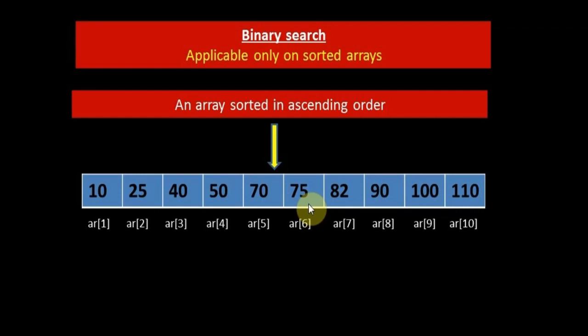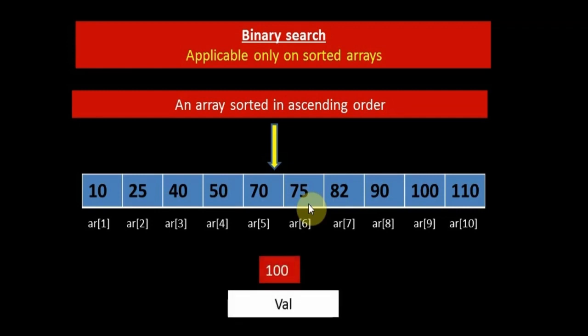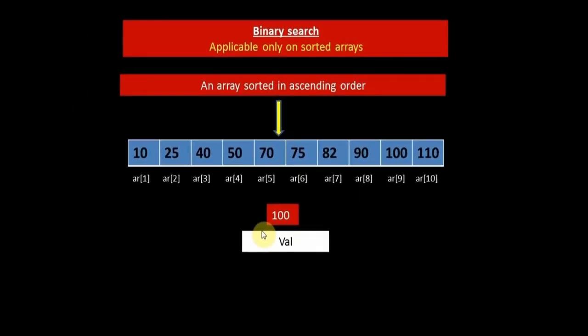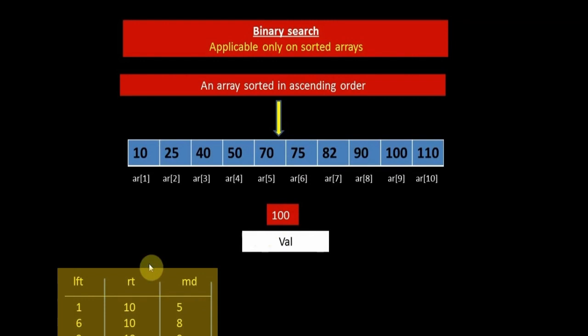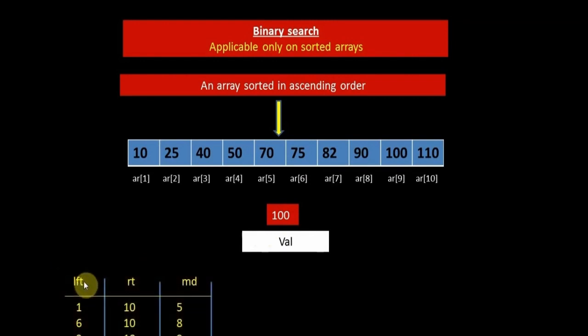Okay, so let's assume that I want to search an element with the value 100. So the value of val which is to be searched is suppose 100. Now what I will do is I will be taking three variables. This is my dry test. LFT is for leftmost subscript, RT is for rightmost subscript, and MD is for the middle subscript.